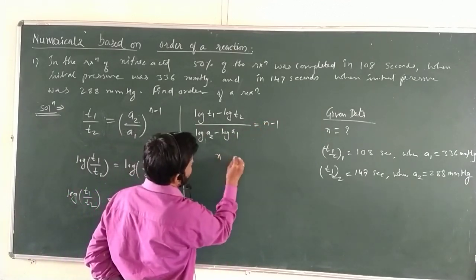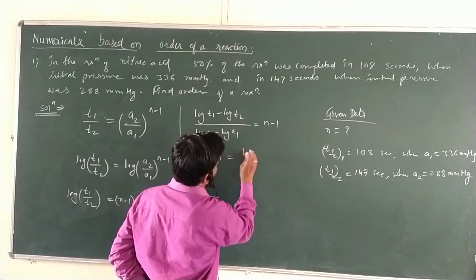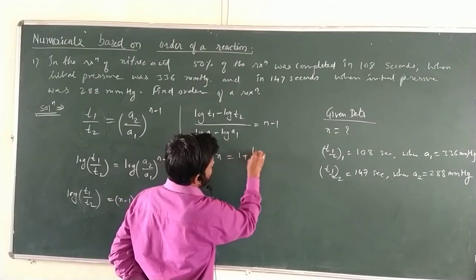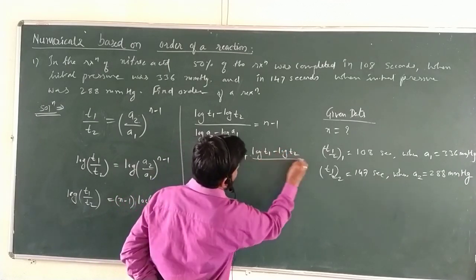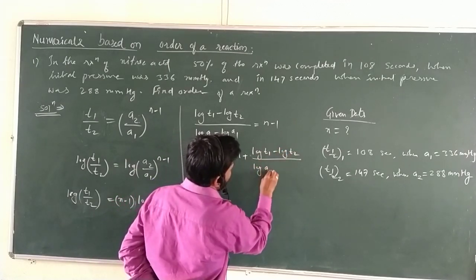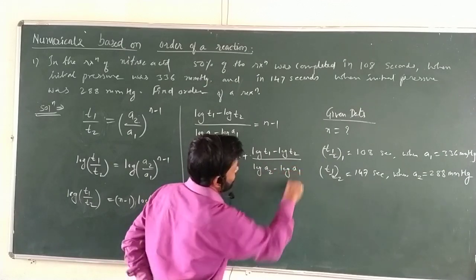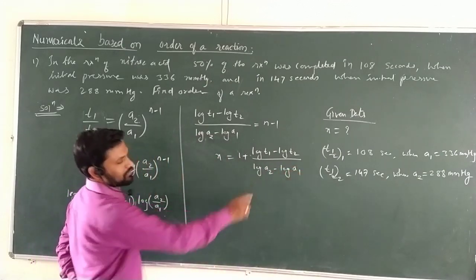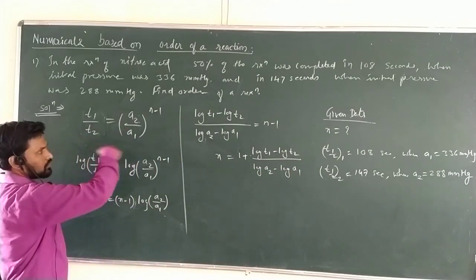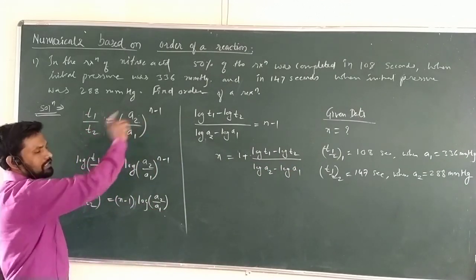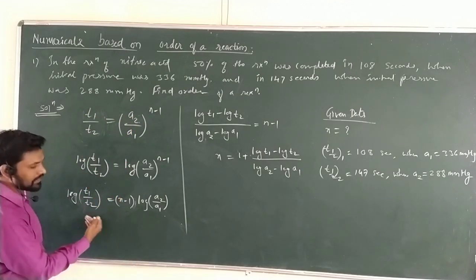What we have to find? We have to find n equal to 1 plus log T1 minus log T2 upon log A2 minus log A1. See, this is the actual formula for finding n. We rearranged this formula, or we can simply put the values here also.